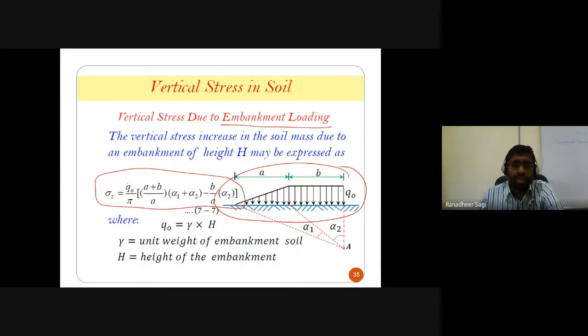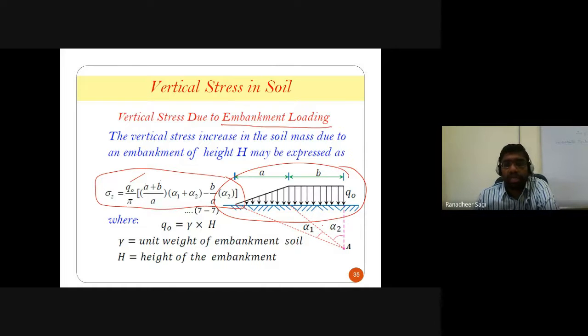Okay. So q naught here indicates the uniform pressure expected to come from such embankment loading onto the ground, and a and b indicate the length of the uniform portion of the loading and the length of the sloping portion of the embankment loading. And the alpha 1, alpha 2 angles are clearly indicated in this representation.